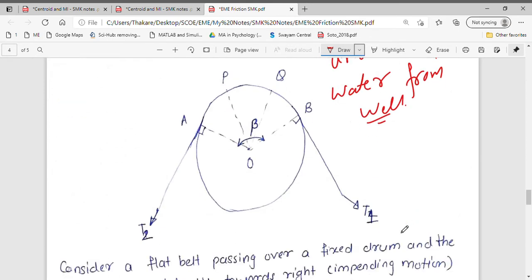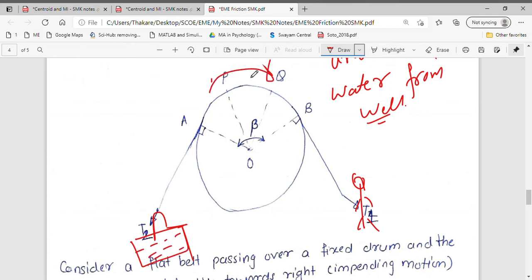So this is your pulley. On this side, let us consider there is a bucket, and on this side you are standing and pulling it, right? So now what you are doing, you are trying to pull this bucket filled with water towards you. So this will be the direction of motion, right? And if you are pulling the bucket, that means you are applying more force as compared to the force on the other side.